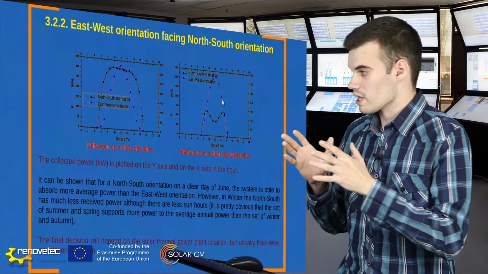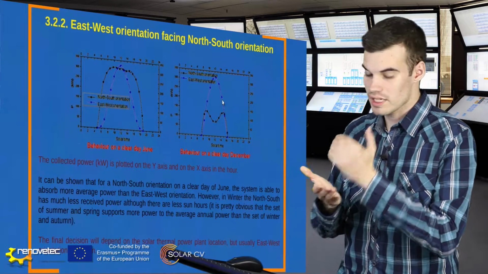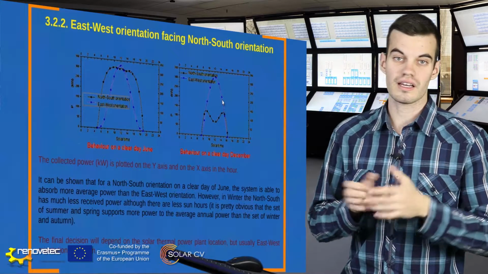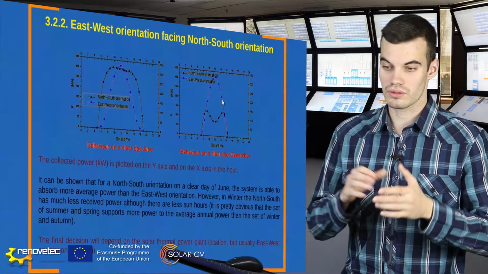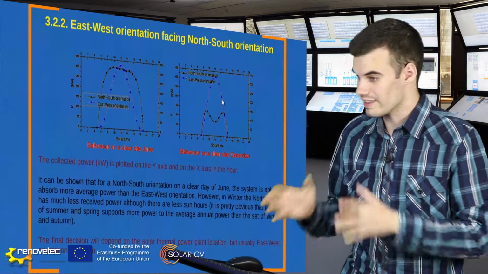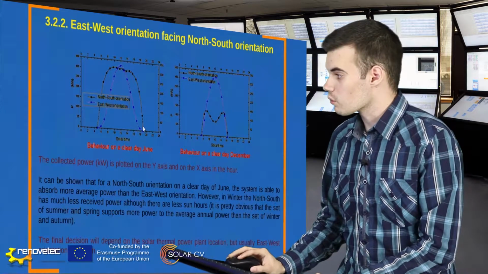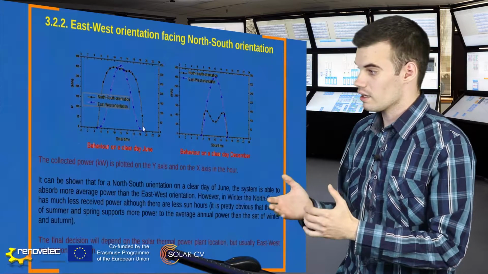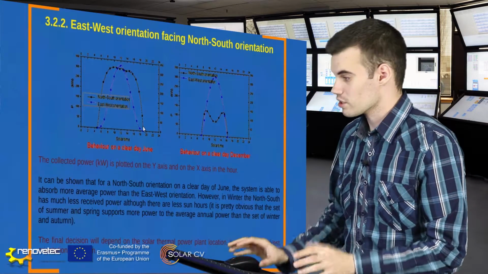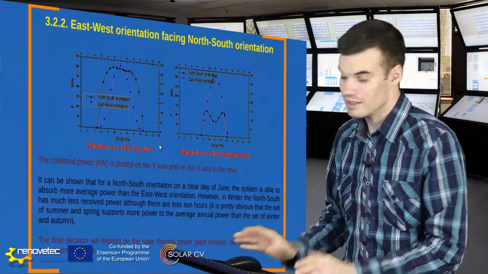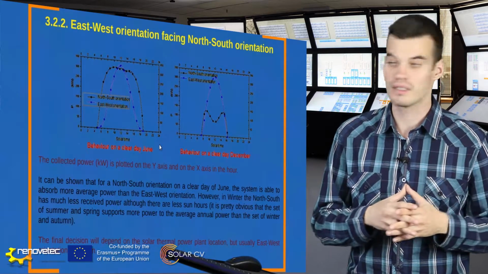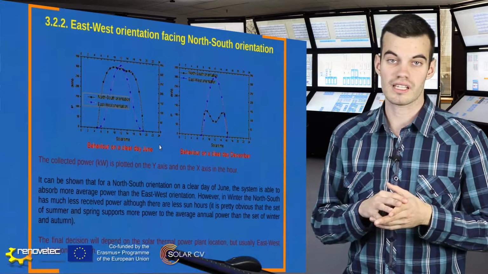However, we know that summer and spring are able to supply more energy than autumn and winter. So the system which is able to absorb more average power will be the final decision, and the system most used in a solar thermal power plant usually is the east-west orientation.